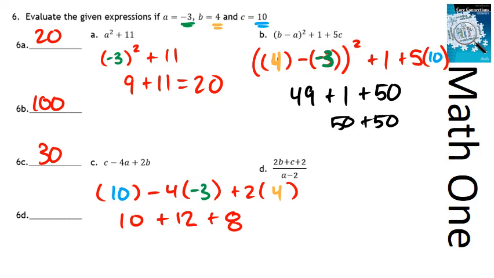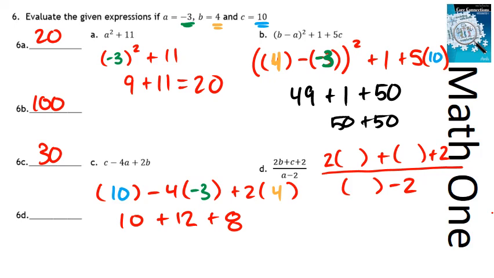Okay, final one there. D is this big expression. I've got a numerator and denominator, and I need to evaluate the numerator and then evaluate the denominator. Then I use the division, right? So I've got in my numerator 2 times this thing for B, there's a placeholder for B, plus a placeholder for C, and then plus the number 2, and then all over a placeholder for A, and then minus 2.